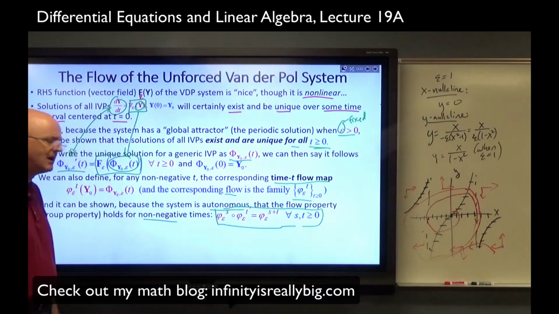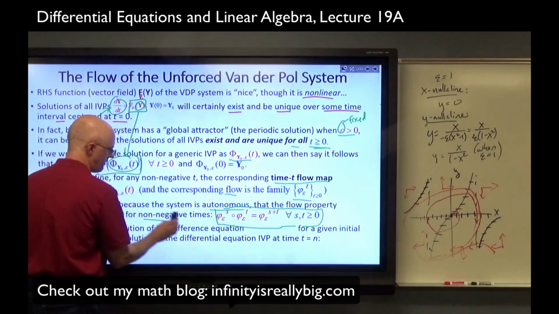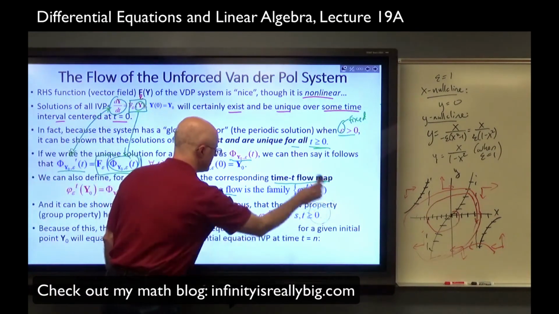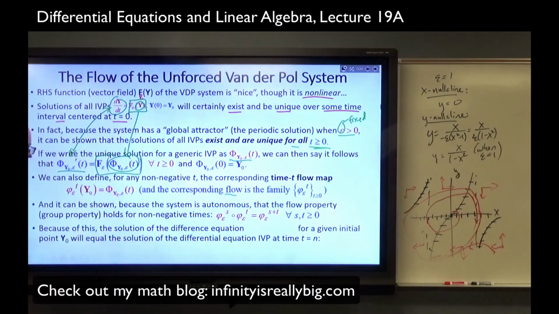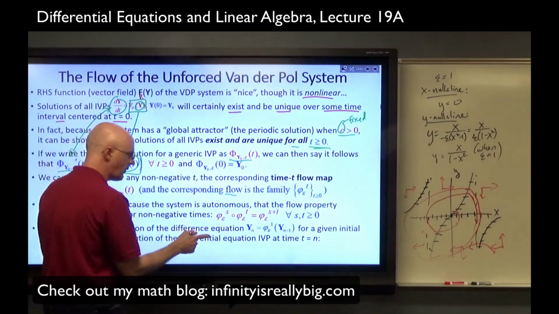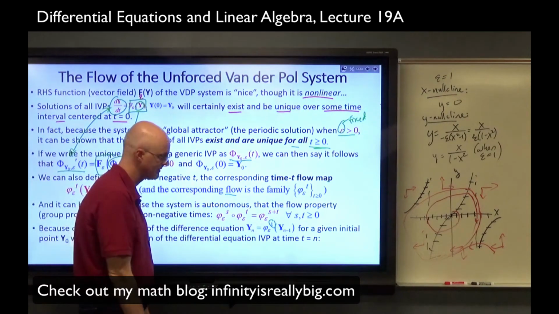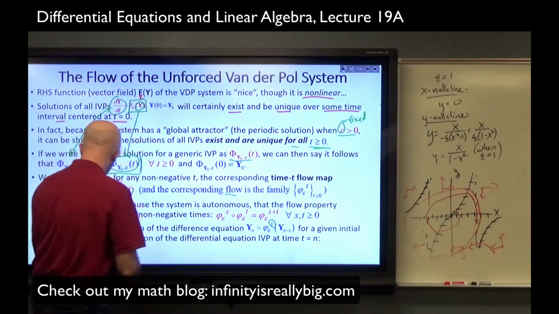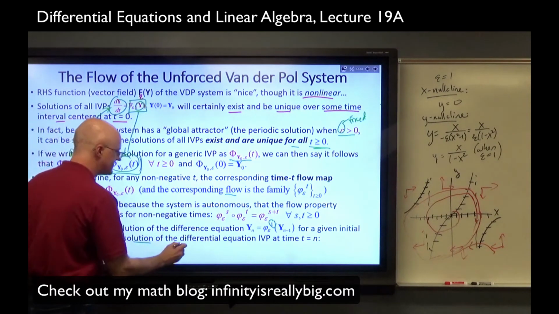And we saw in lecture 18a that this flow map property implies, and this was the punchline here, that the solution of the difference equation, where you iterate the time 1 map for a given initial point y0, will equal the solution of the differential equation.